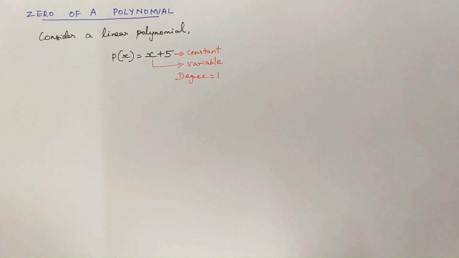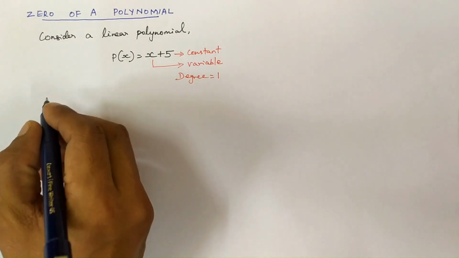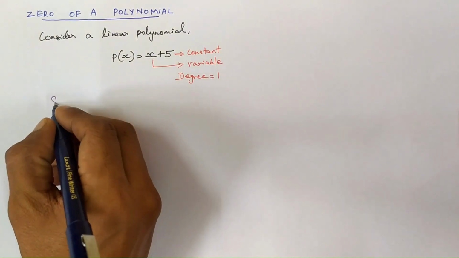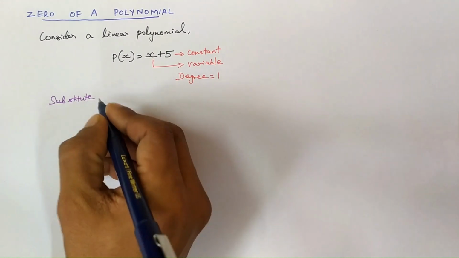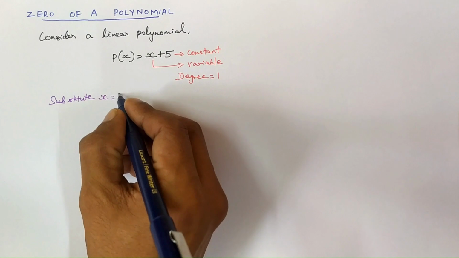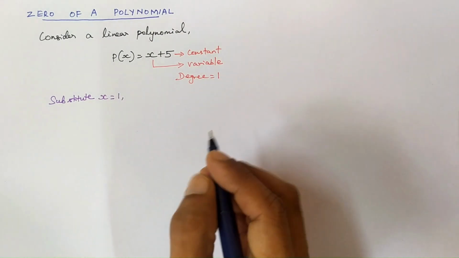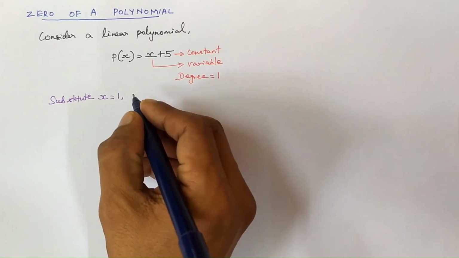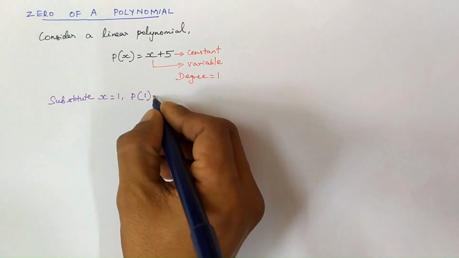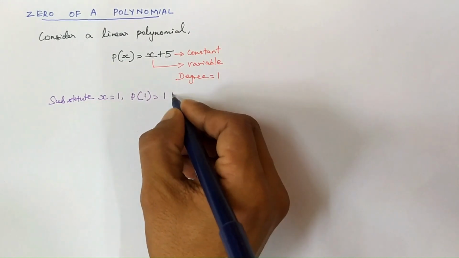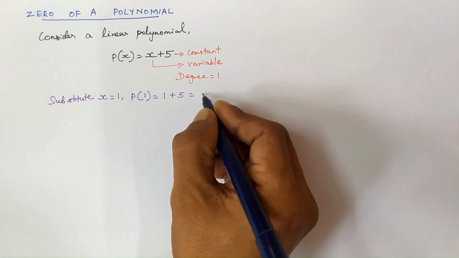Now let us substitute x is equal to 1 into this polynomial. So p of x becomes p of 1, that is equal to 1 plus 5, which is equal to 6.